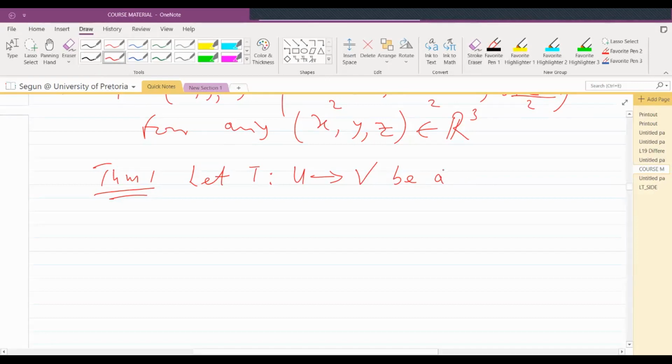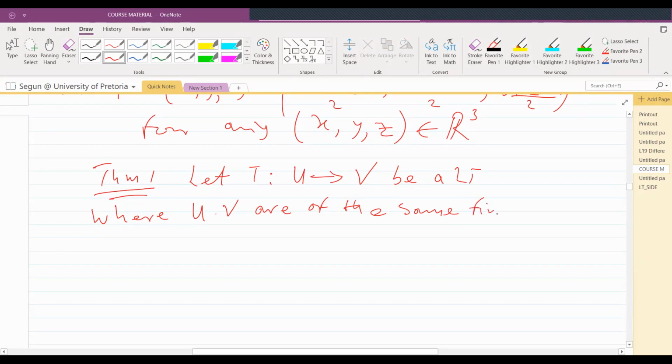Let T be a linear transformation where U and V are of the same finite dimension.